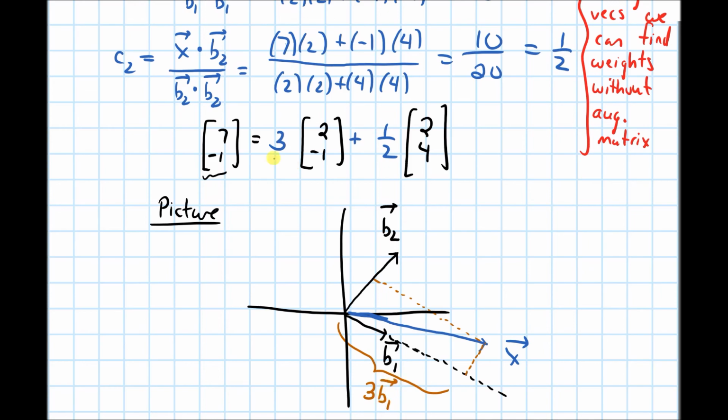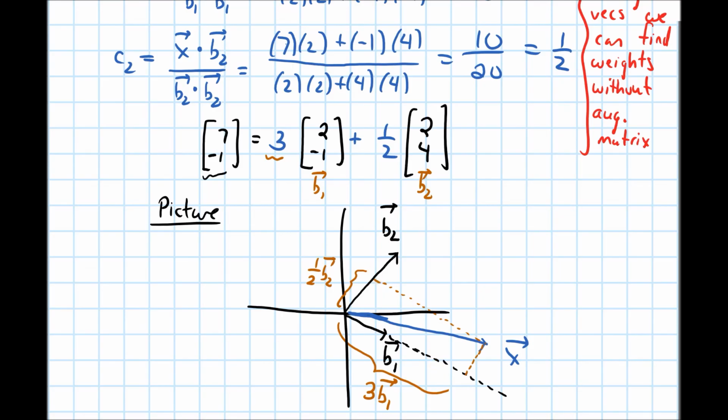And notice that's the coefficient that we saw here. So this is the vector b1, this is the vector b2. And the length of this segment over here is 1/2 b2. So that's what we're doing here. We're taking our vector x and decomposing it into components in these orthogonal directions.